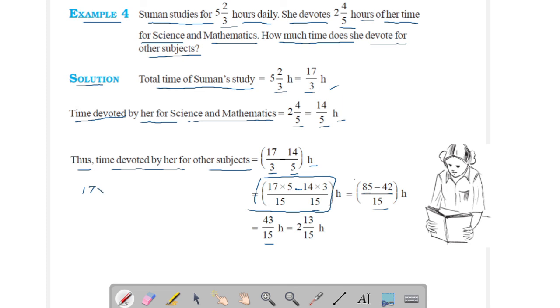17 into 5 upon 3 into 5 minus 14 into 3 upon 5 into 3.